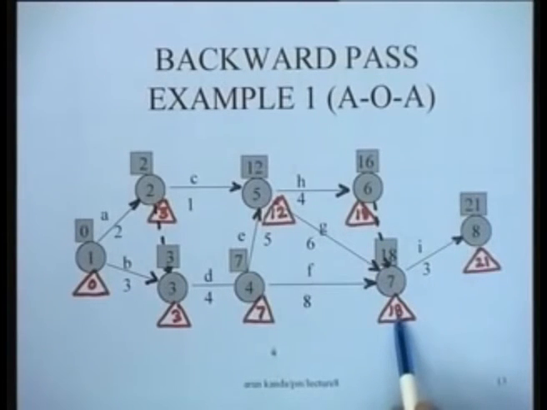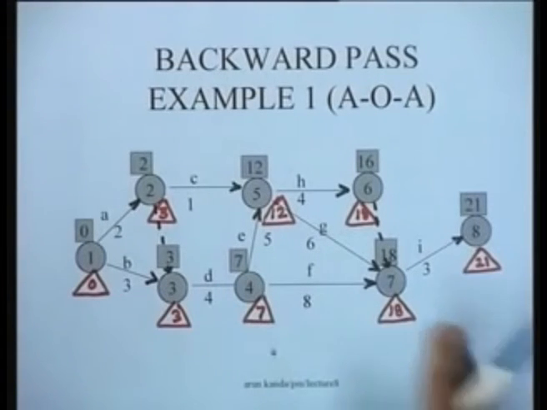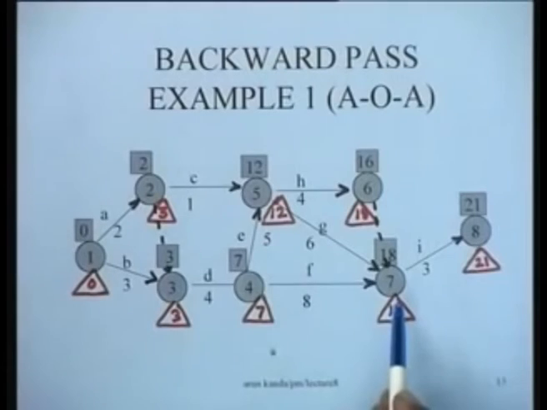So in this particular case all the 4 floats are going to be equal, because slack on preceding node and slack on succeeding node is 0.